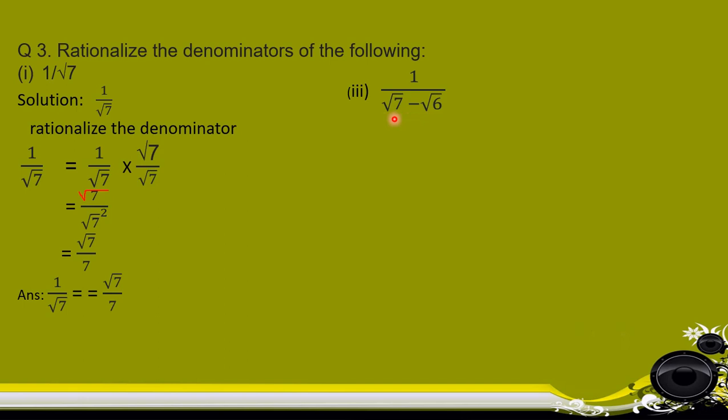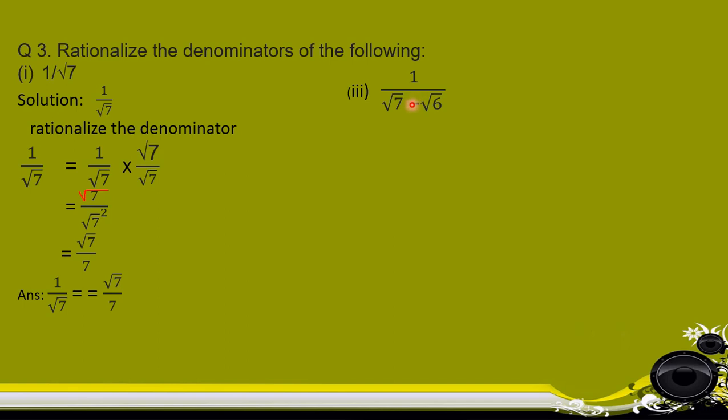We have to multiply and divide by the quantity in the denominator. In the numerator we multiply, and in the denominator we also multiply the same quantity, but with the different sign. As in this term it is given root 7 minus root 6, the sign between these two terms is minus.